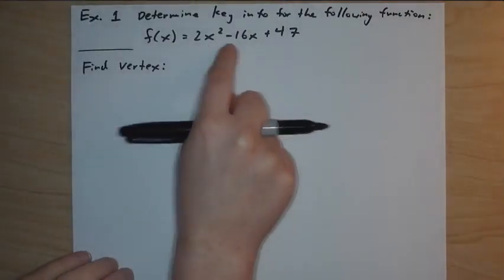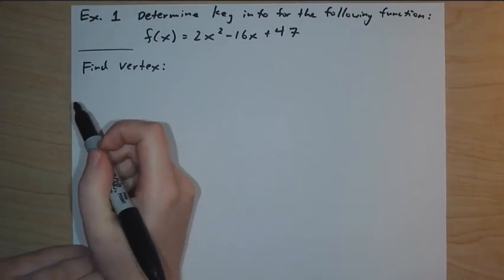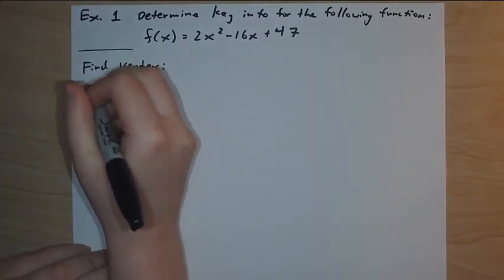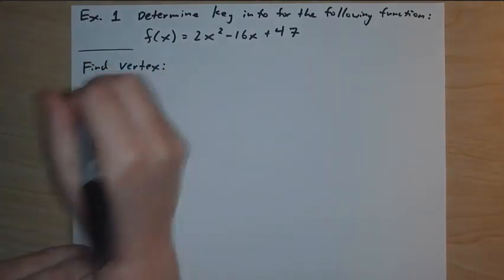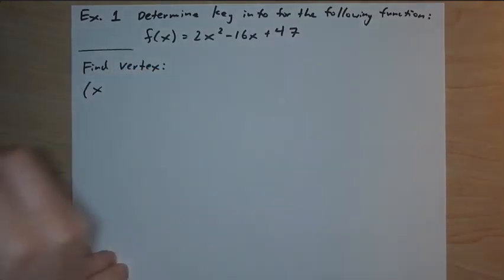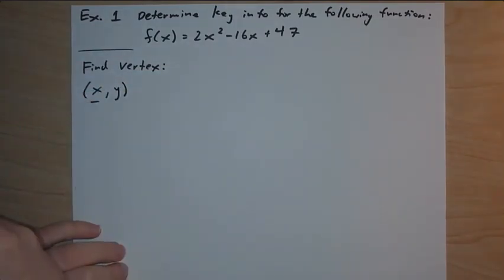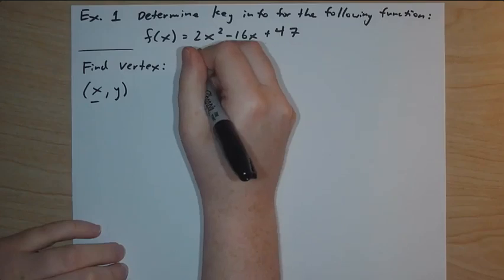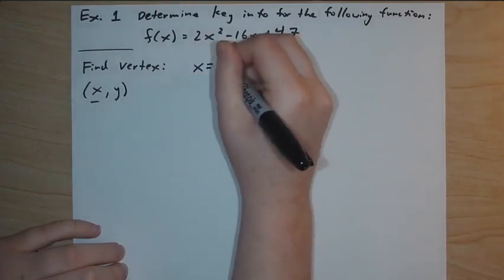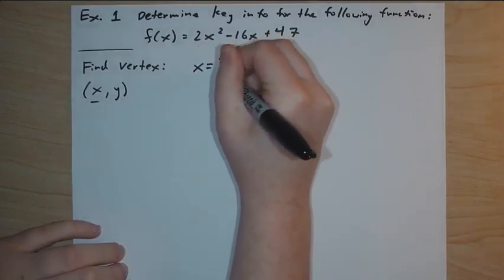If we want to find it while the function is in this form, we have to find a point. And like any other point, there's an x value and a y value. First we're going to find the x value, which is given by the formula x equals negative b divided by 2a.